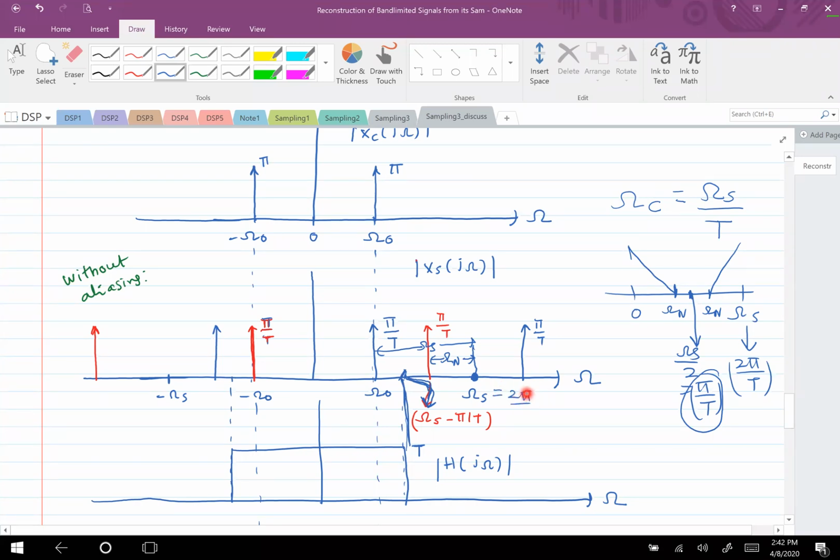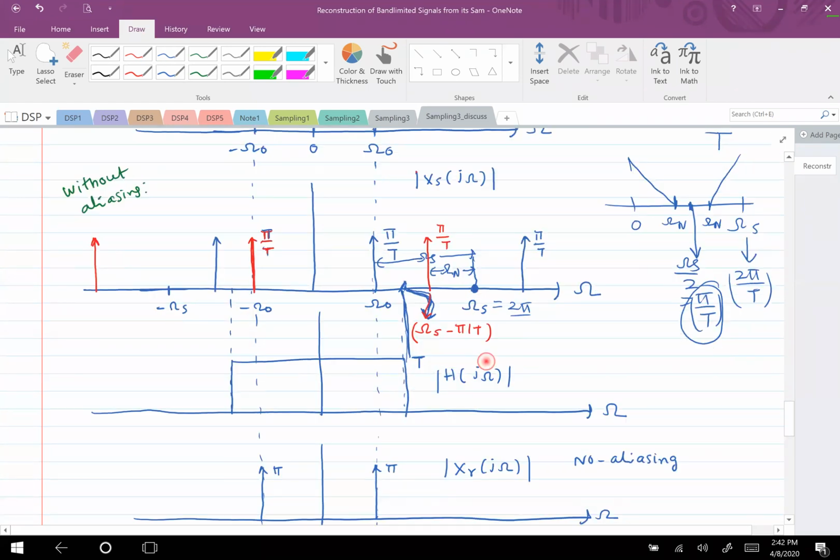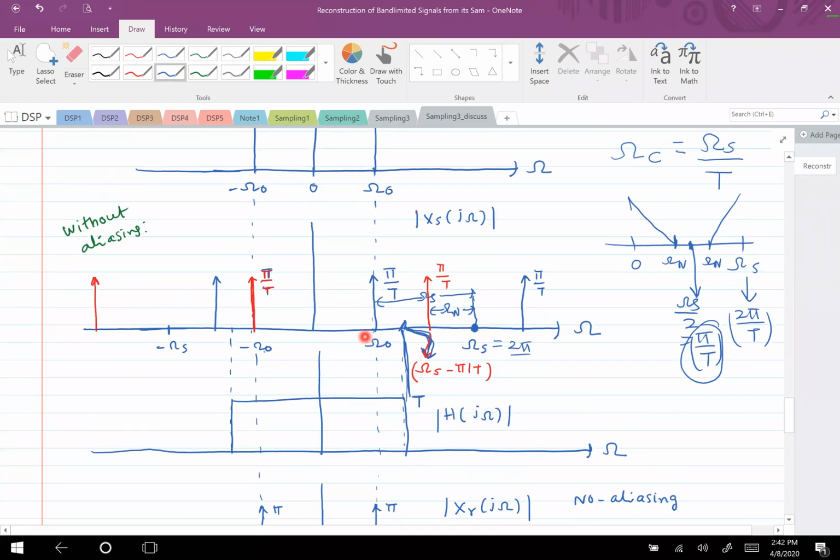So omega naught and minus omega naught are there. The next copy is kept at omega s. So this would be equivalent to omega n. If I have to write this, all I could write here is omega s minus omega n. That value is equal to omega s minus omega n.